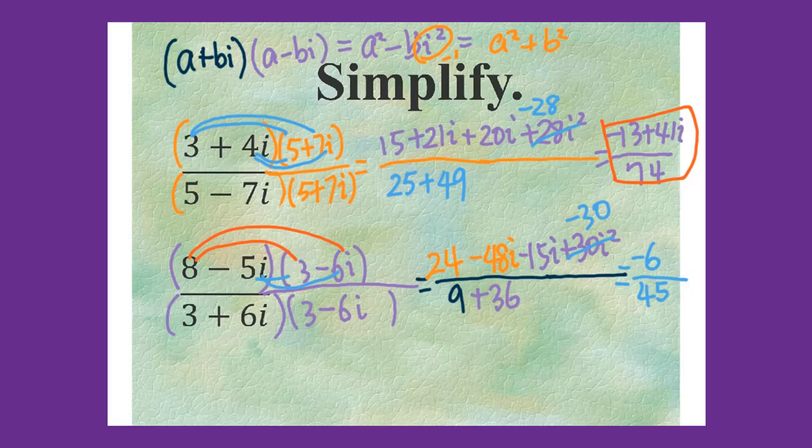Negative 48 minus 15, that will be 63, so minus 63i. Then we have a common factor. That will be 3. You will get 15 in the denominator, and negative 2 minus 21i. This is the final answer.